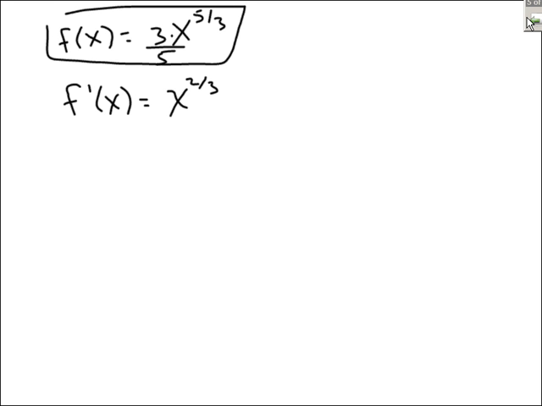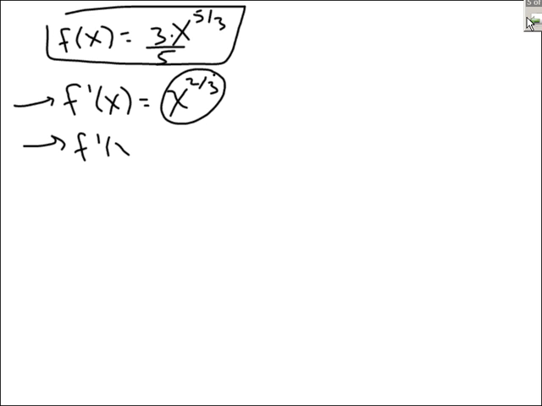Now x to the 2/3, okay, let's slow it down. So we found the derivative, now we want to factor. Like I was about to say, you can factor x to the 2/3. It already is factored.